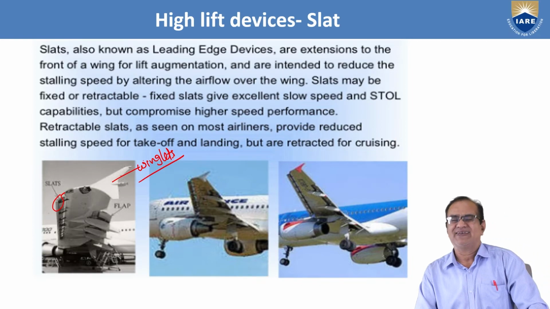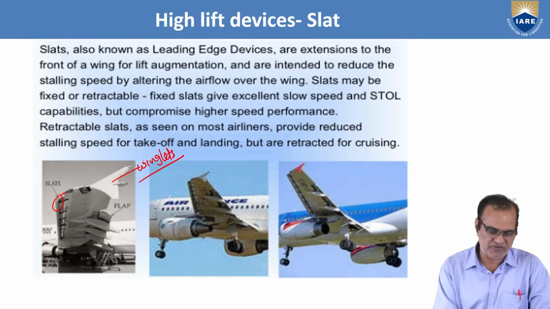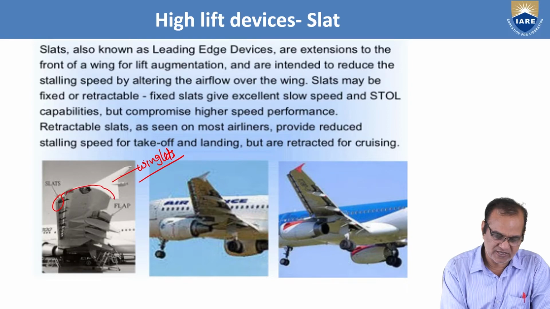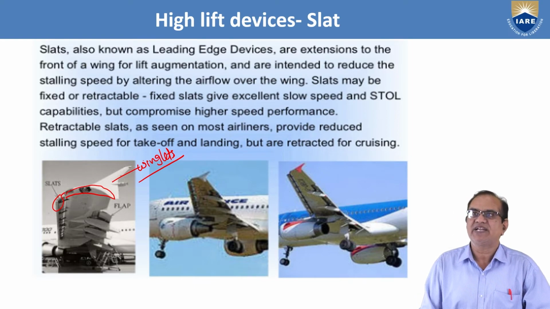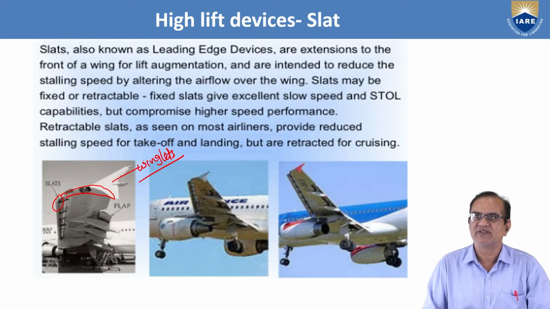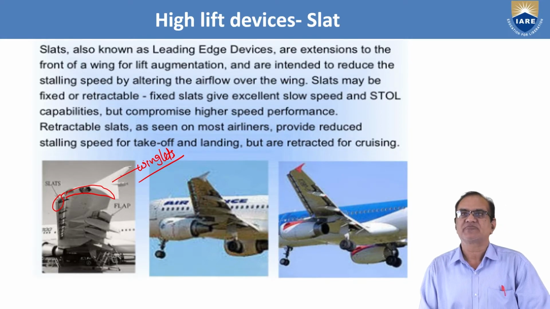Slats, also known as the leading edge devices, are extensions to the front of a wing. You can see here, this is the wing, and in the front we have the slats, and they are intended to reduce the stalling speed by altering the airflow over the wing. Slats may be fixed or retractable.